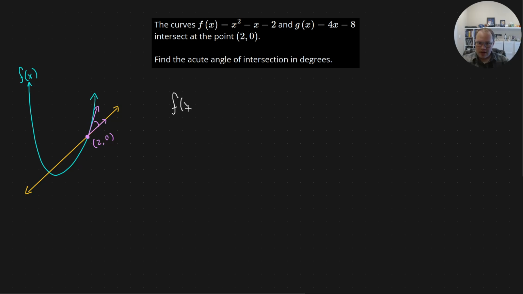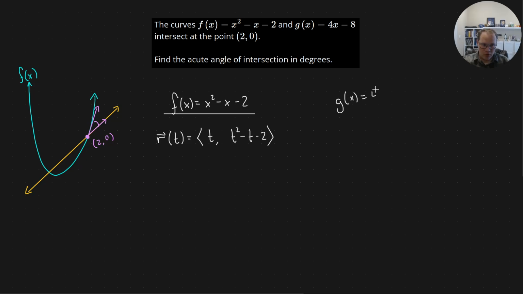So for f of x equals x squared minus x minus 2, I'm going to do the absolute easiest thing to find a parameterization for these curves. I'm going to let x be t. Then the y value, if x is t, the y value would just be t squared minus t minus 2. See how that works? Do the same thing for g.